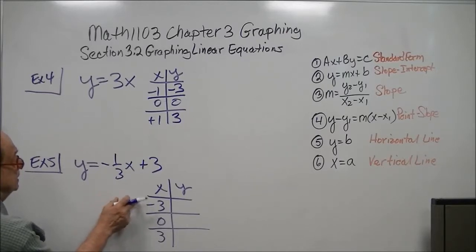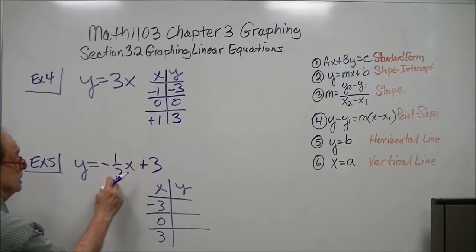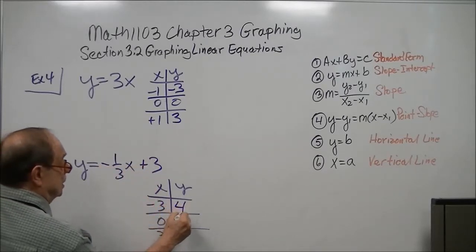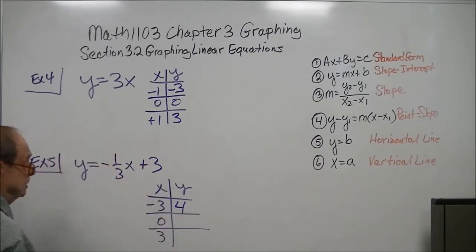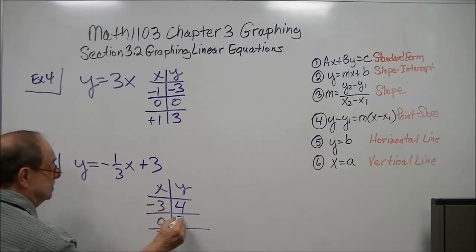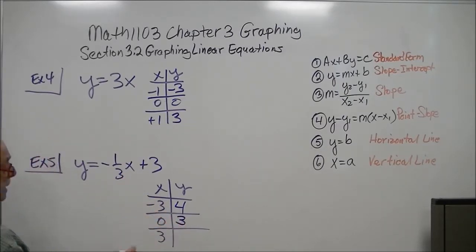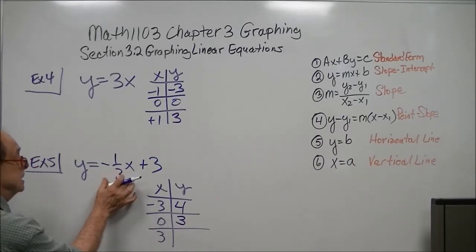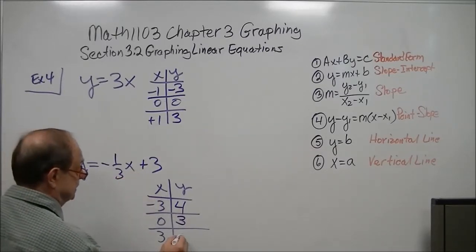So here, a negative times a negative will give you a positive. The 3's cancel out, and you end up with a 4. This becomes a 1 plus 3. Here, if this is a 0, this just becomes 3. And here, if this is a +3, this becomes a -1, and a +3 gives us a 2.